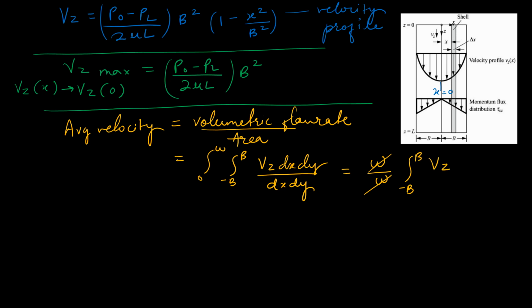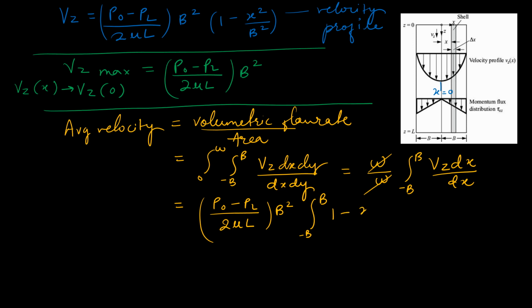And what's left here is this. So what's the value of Vz? P naught minus PL upon 2 mu L into b square. This is constant, so it is outside the integration, and this becomes integration of 1 minus x square upon b square into dx.